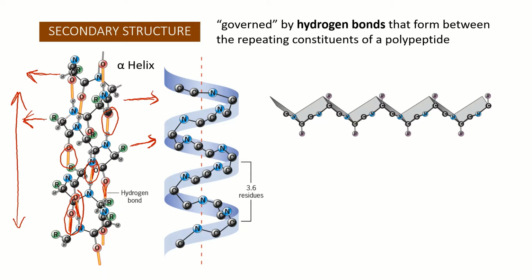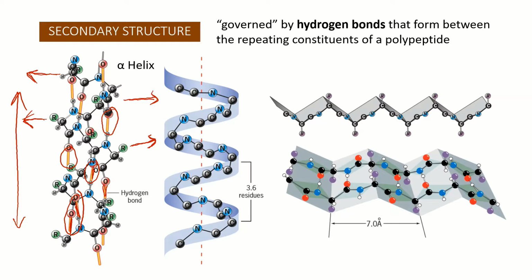Then again, it was discovered that some of the polypeptide chains have a different type of secondary conformation. Instead, in a flattened, corrugated manner, as shown here on the right. This was discovered later, and it is named the beta-pleated sheet.